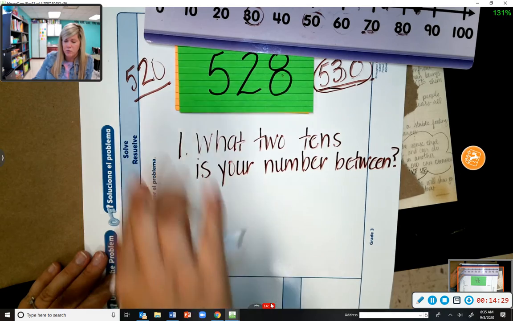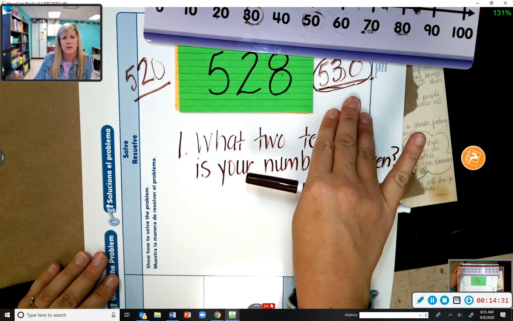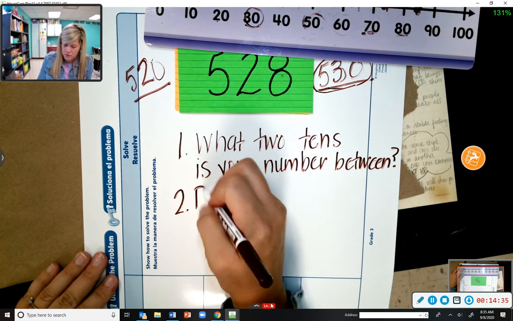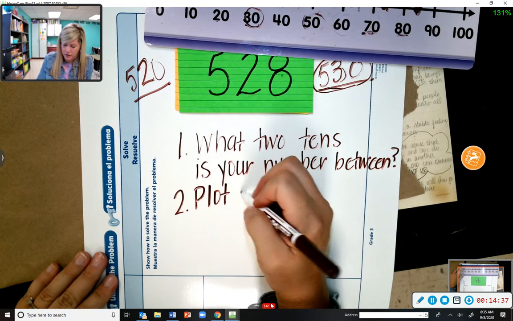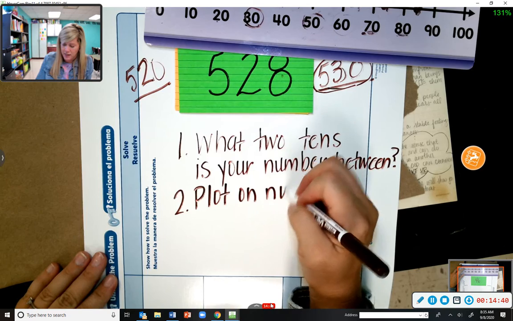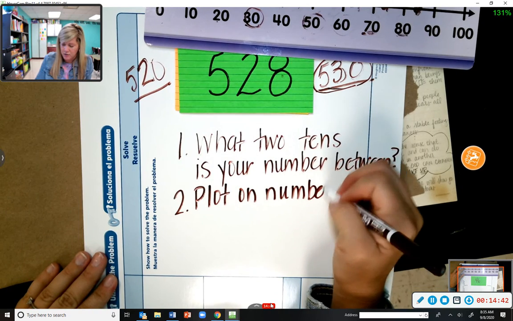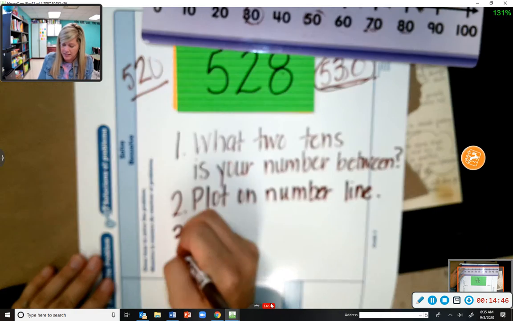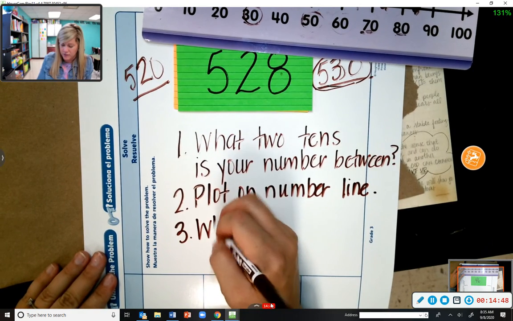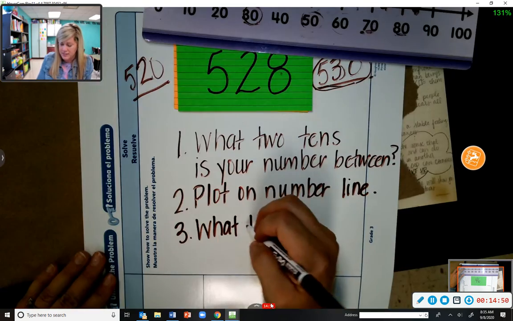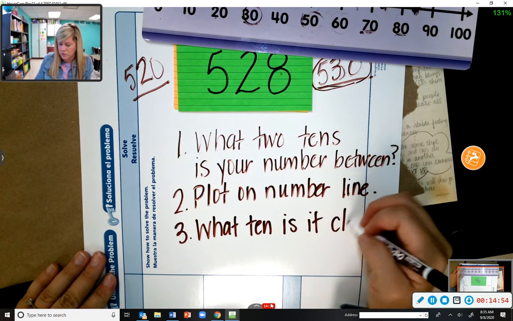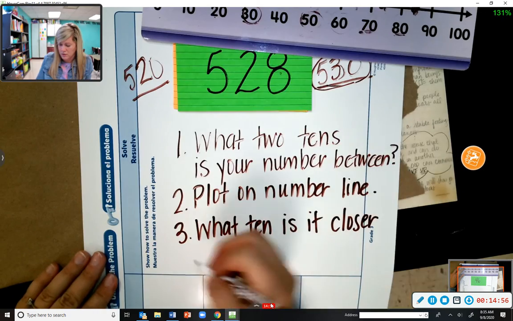After we figured out what two tens it was between, we had to put it on the number line. We plot it on the number line, and that helps us see what it is closest to. So the last thing you ask yourself is, what 10 is it closer to?